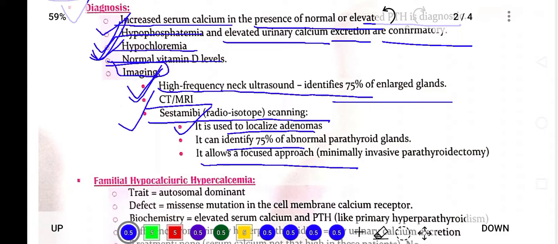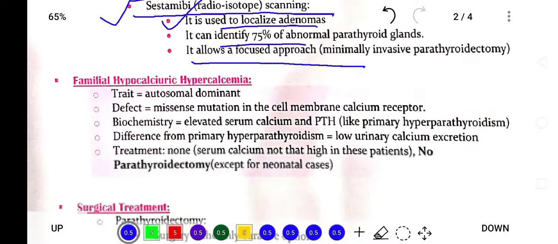Now we have to look at the condition known as familial hypocalciuric hypercalcemia.